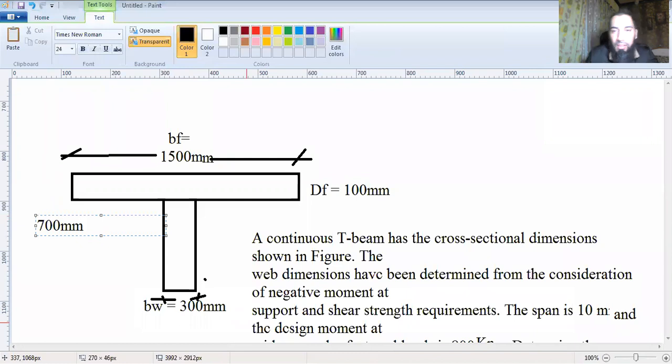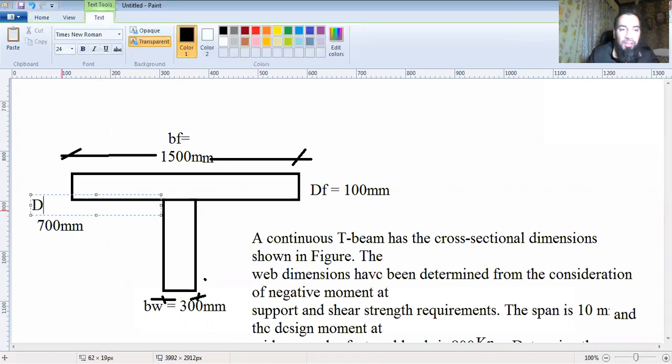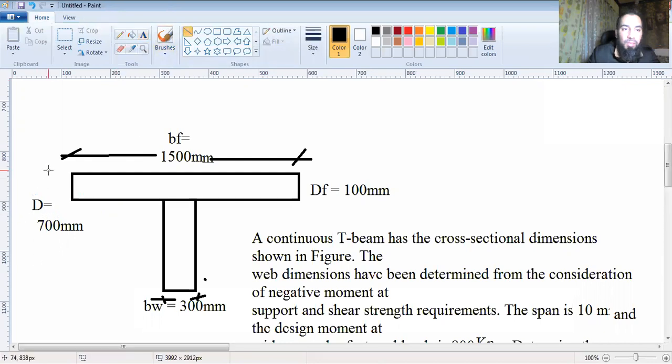Overall D, that's capital D, is 700 mm, which is from this point up till the bottom of this.